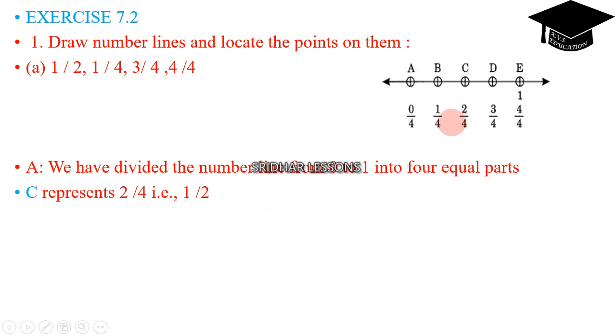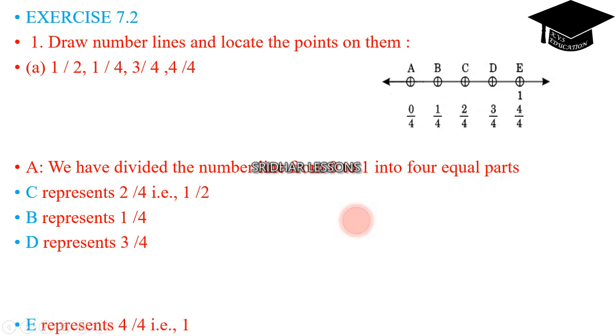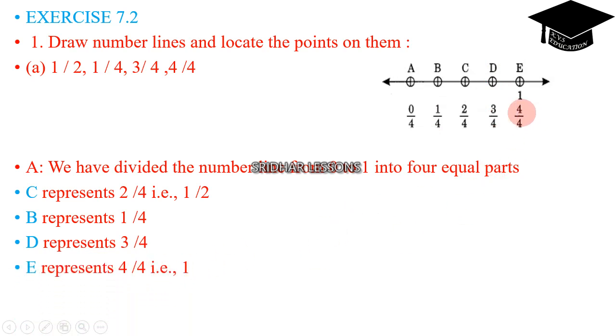C represents 2 by 4, that is 1 by 2. B represents 1 by 4. D represents 3 by 4, if you observe. And E represents 4 by 4, that is 1.